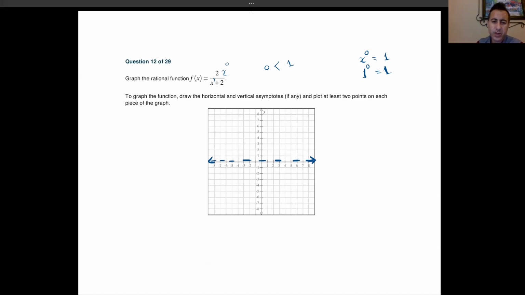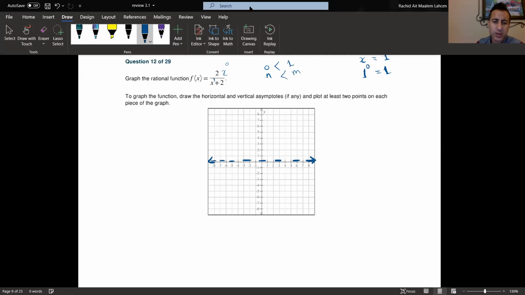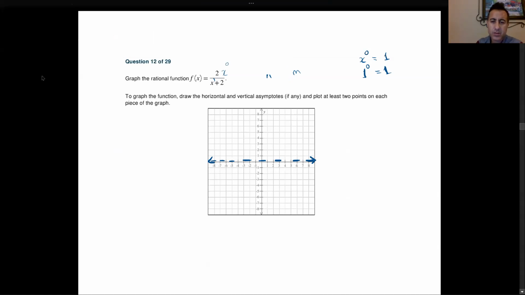All right, so if the degree n is less than m, the way we did it, then you have a horizontal asymptote. So we're saying the degree there is less than the degree there.